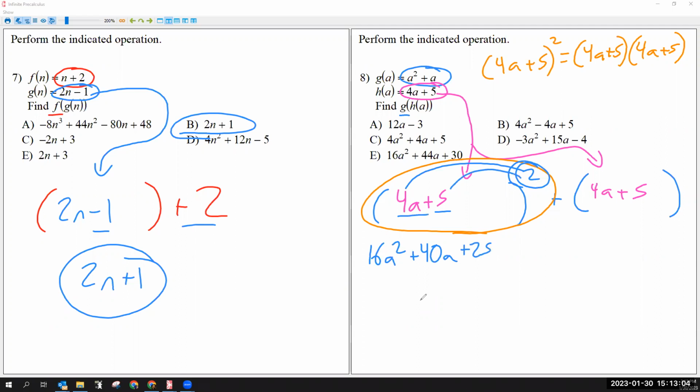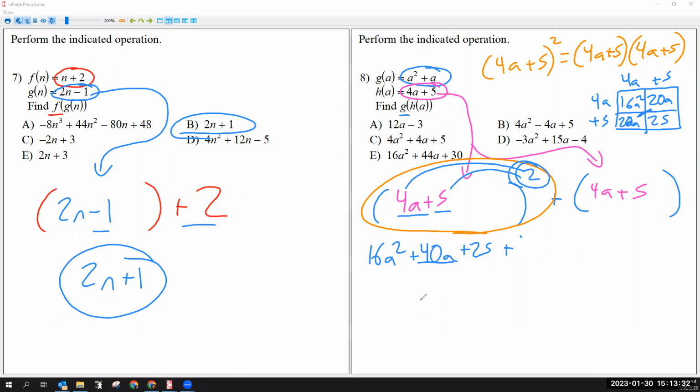A lot of people I know don't like the shortcut because it doesn't make sense to them. That's hard to remember. So you're probably better off just saying, oh, 4a plus 5, 4a plus 5, multiply, make your box. 16a squared, 20a, 20a, 25, and then those two make that 40a right there.